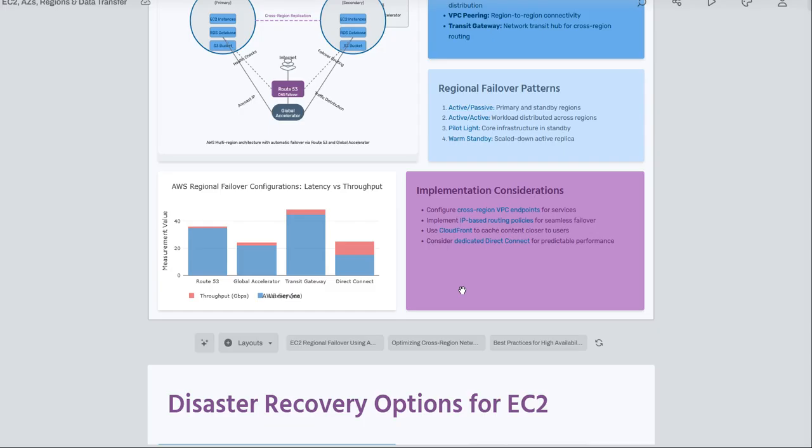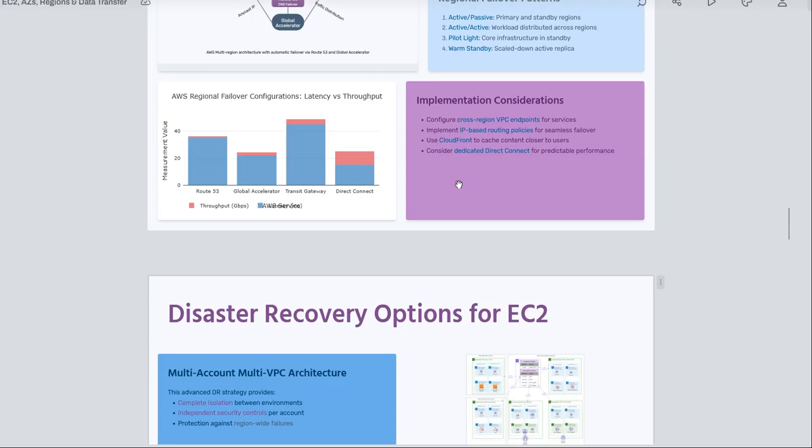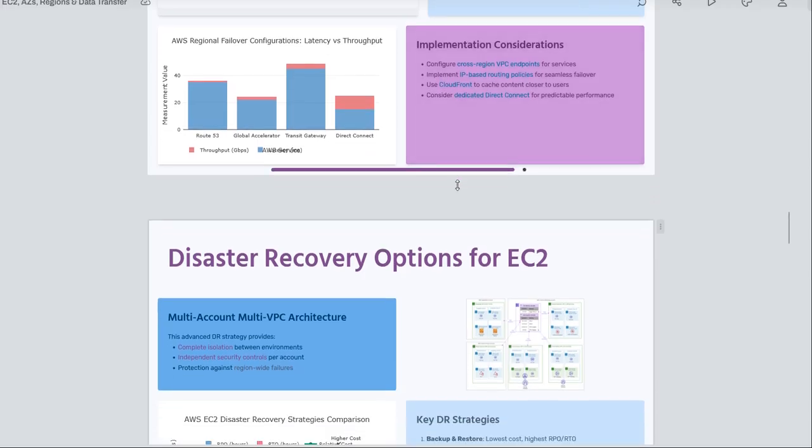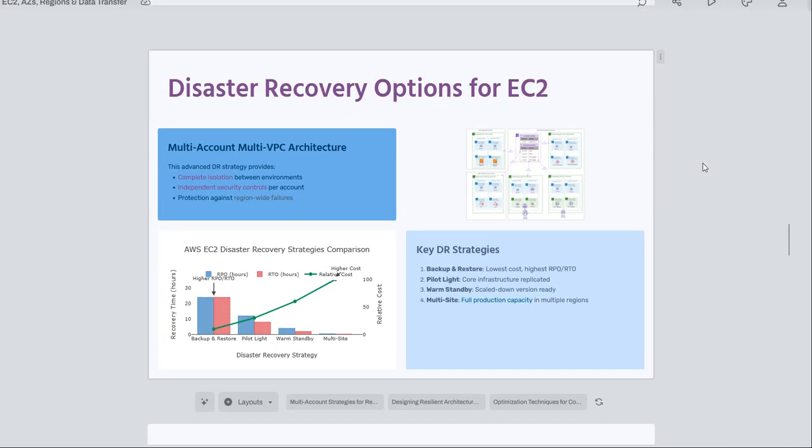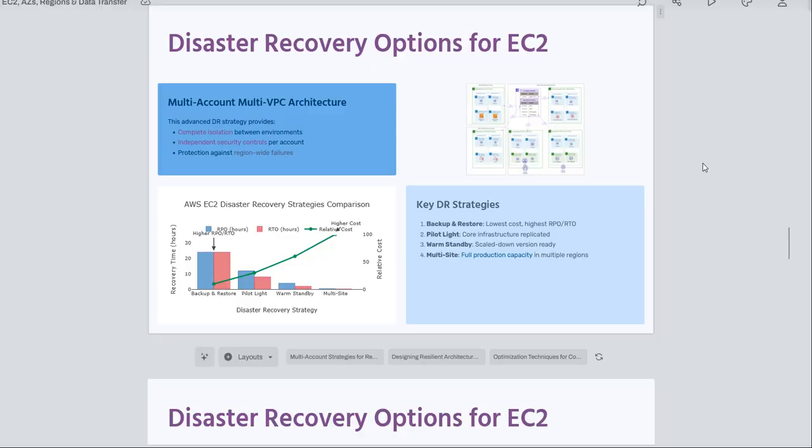Consider dedicated AWS Direct Connect for predictable performance, a dedicated one for a fast, low-latency setup.